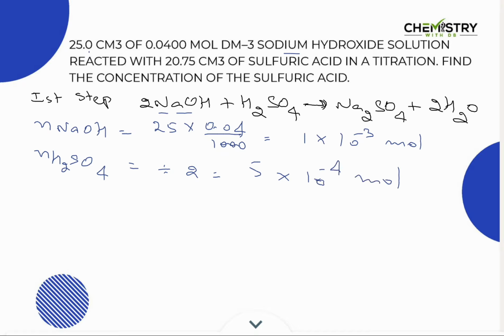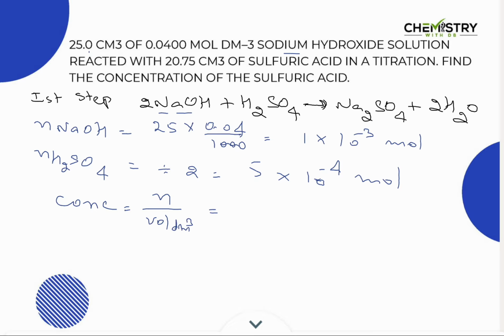Okay, and then in that case, because there is no dilution here, we just are going with the actual volumes. And then you know that the formula for concentration is number of moles divided by volume, which has to be given in dm cube.